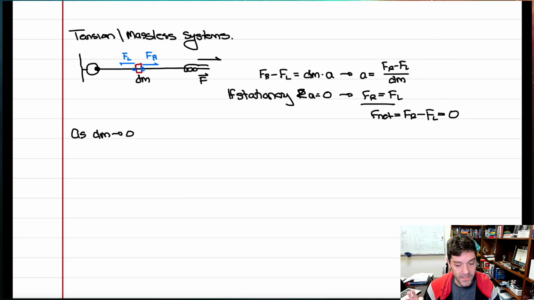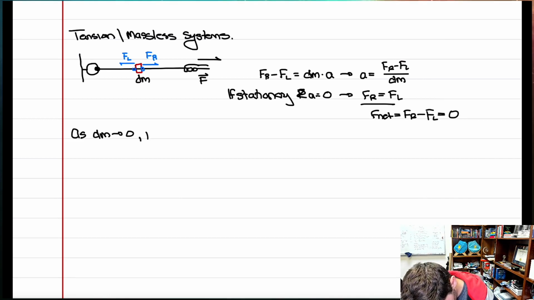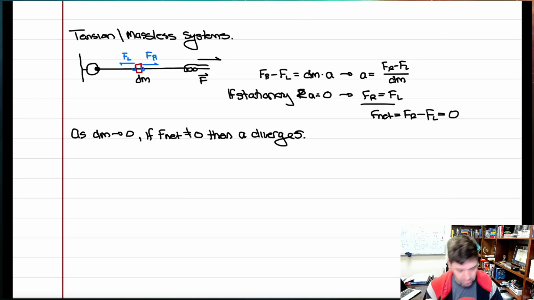So if the numerator is non-zero, as dm goes to 0, you've got a problem. Because as dm goes to 0, if F net happens to not be identically 0 also, then a explodes. Or I might say that a diverges. You essentially have a divide by 0 issue. Dividing by 0, frowned upon in nature.